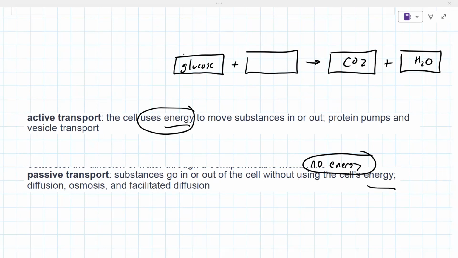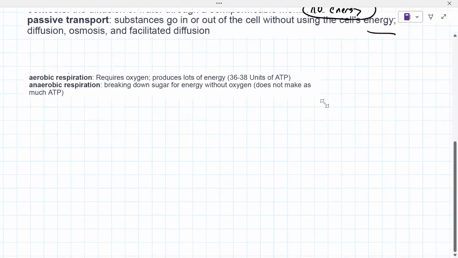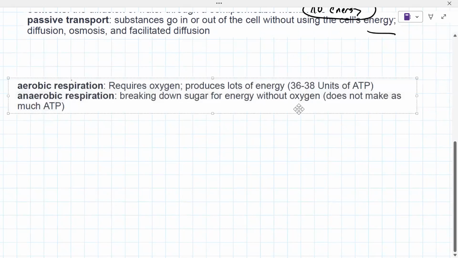Let's look at the next two, aerobic respiration and anaerobic respiration. Let's have you read each of these.